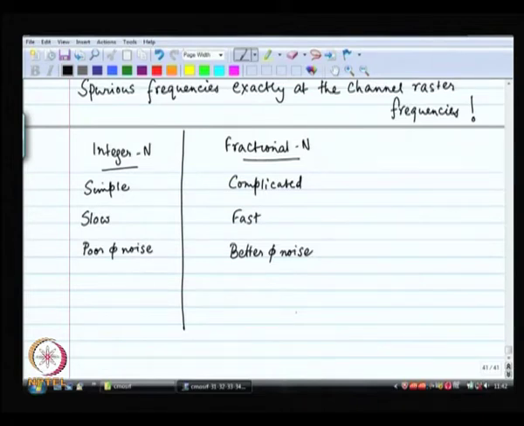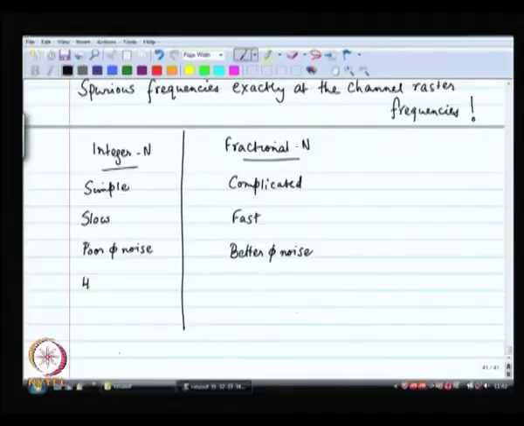Integer n has a lower loop bandwidth, which means that it can mimic the reference over a lower bandwidth. Fractional n has more loop bandwidth. So, the VCO phase noise requirements are less stringent. So, I am just writing it as a harder VCO and an easier VCO, because it has better phase noise.